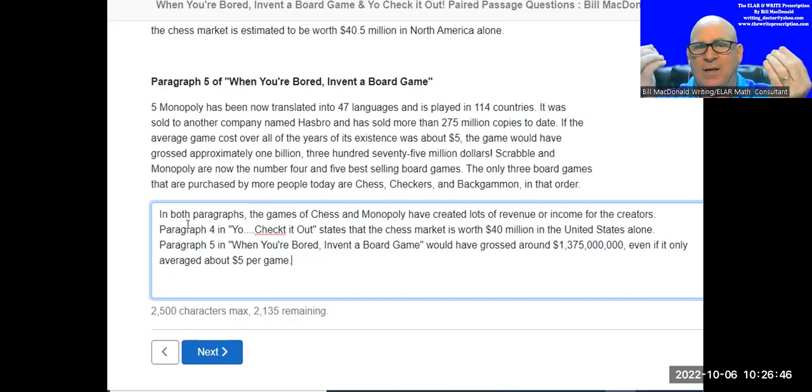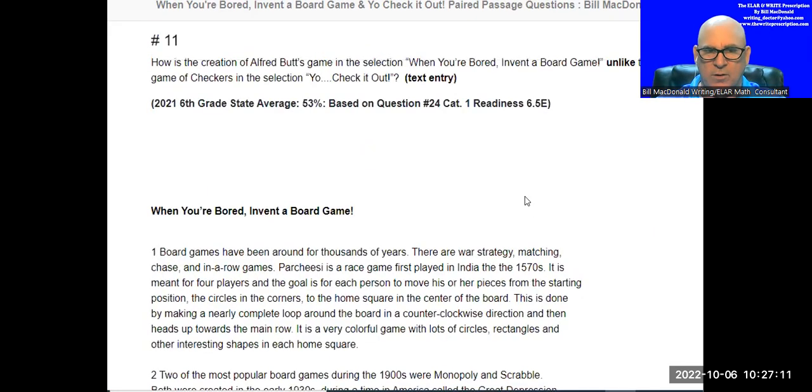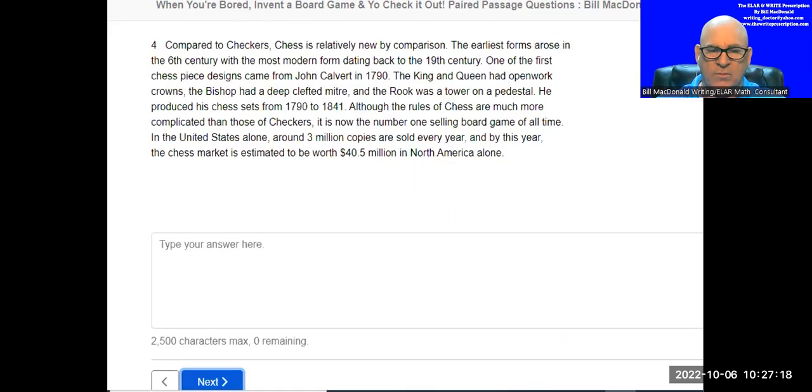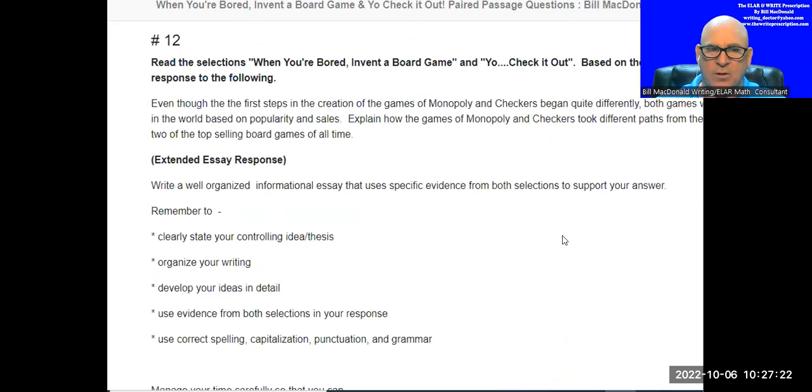And because they asked for both passages, we needed evidence from passage 1, paragraph 4, and passage 2, paragraph 5, about how they were the same. And so we gave you both the evidence, then you would just click next, and then we would go into the text entry. But just as you know, we've already done that one. So my next video is going to be the extended essay response. I hope you enjoyed that.